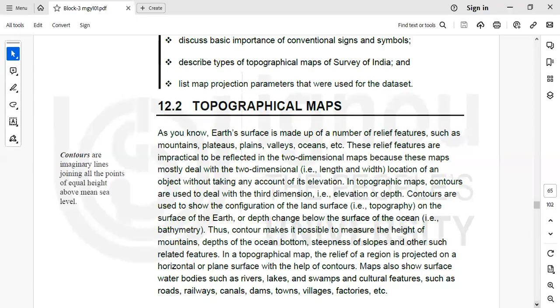If you have the ball map or the road map, in those maps you can get the idea of the length and width of a particular feature. What if you want to know the height of a feature? So how can we get it?